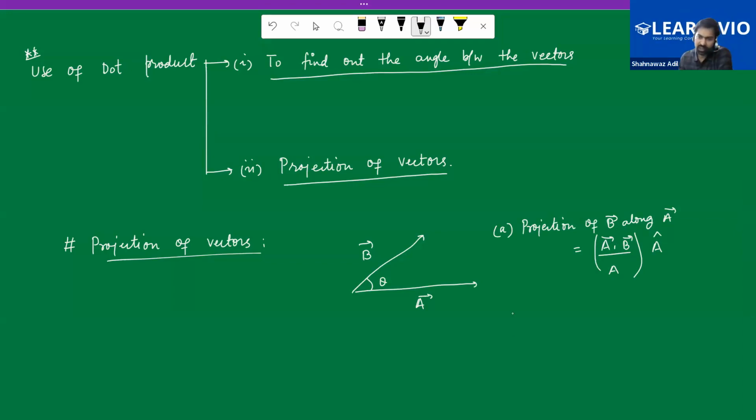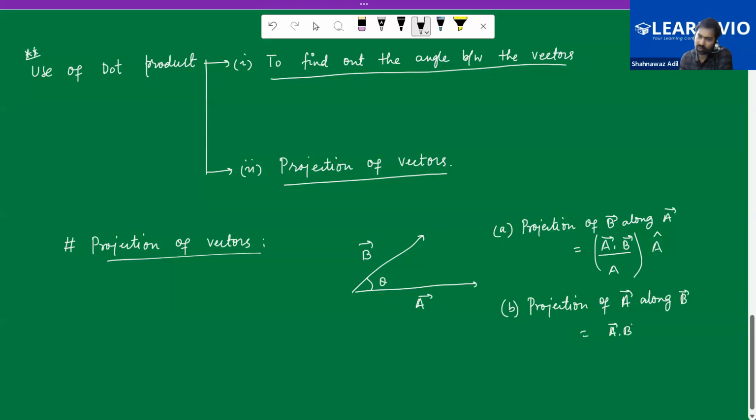And the second part is the projection of A along B. That would be A dot B divided by the magnitude of B, and the direction is B hat. Remember, these are projection vectors. If I'm only talking about the projection, I just write the scalar terms. But if I'm talking about the projection vector, then I have to write these terms too. These are the crucial things.